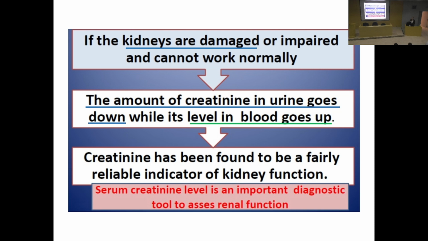When you test one of the kidney parameters, you ask for creatinine. Why? Because usually creatinine is excreted in the urine. So when there is any impairment of the kidney, this creatinine will not be excreted, so it will stay in the blood, and its level in the blood will increase. So when we measure high creatinine, there is a problem in the kidney, kidney malfunction. Okay.